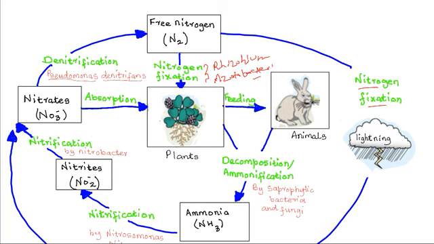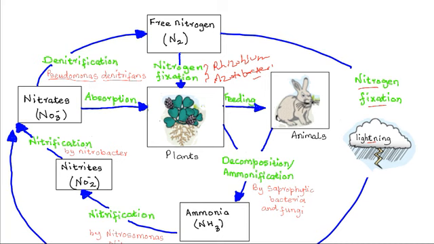The other type of nitrogen fixation is the non-biological fixation, and this is achieved by lightning during thunderstorms. The energy from lightning causes the free atmospheric nitrogen to combine with oxygen to form nitrogen oxides.